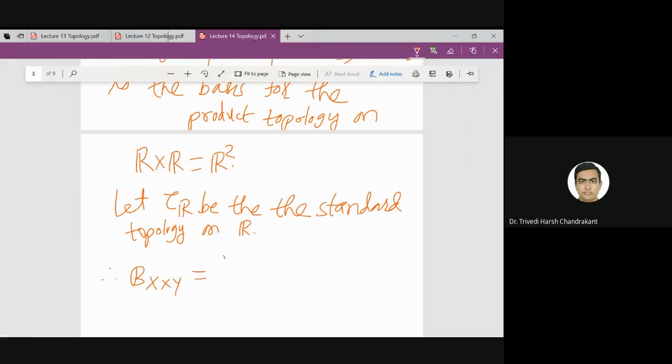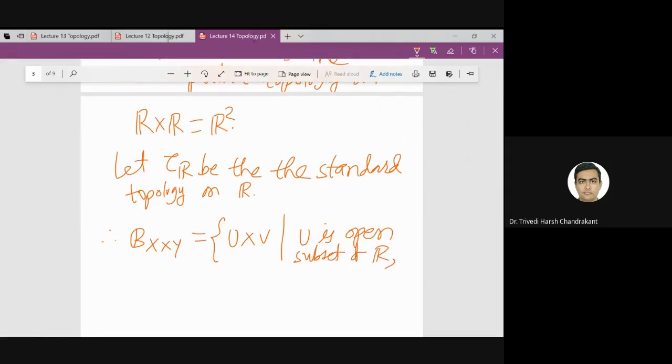In this case it is U cross V, where U is an open subset of R. Open subset of R means real analysis sense. Basically V is also an open subset of R.